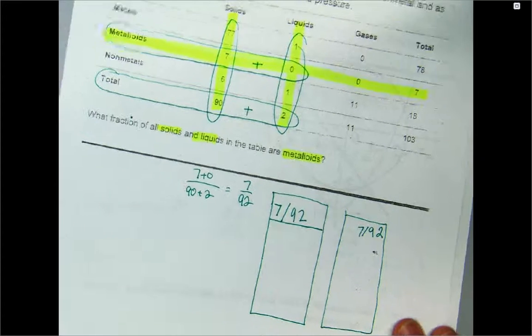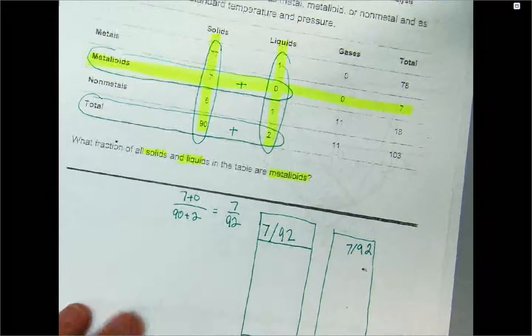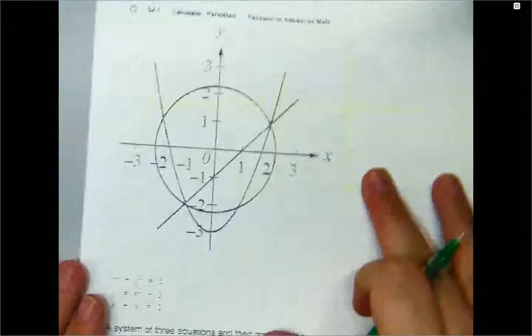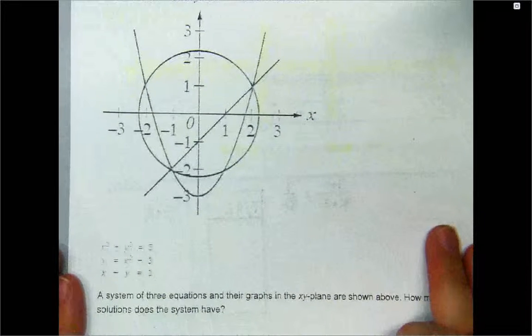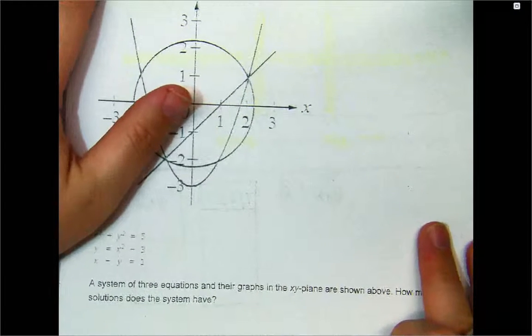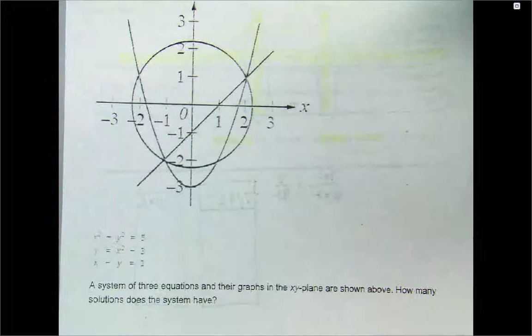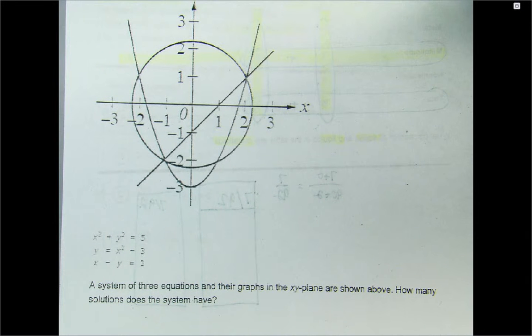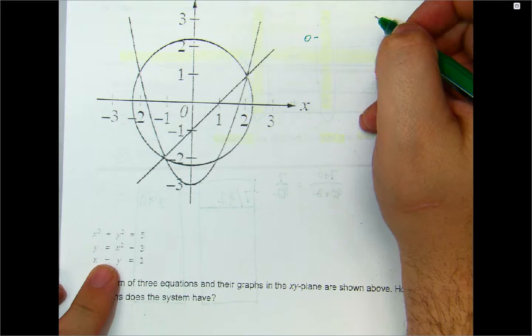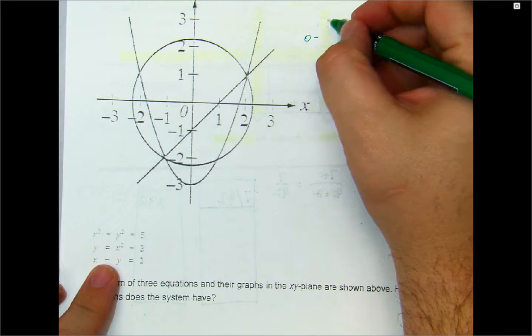All right, I love this one. When you see this, you're going to say, oh, that's easy. How many people think there are no solutions? How about one solution? How about two solutions?